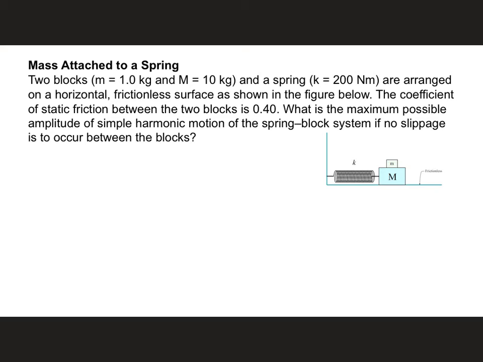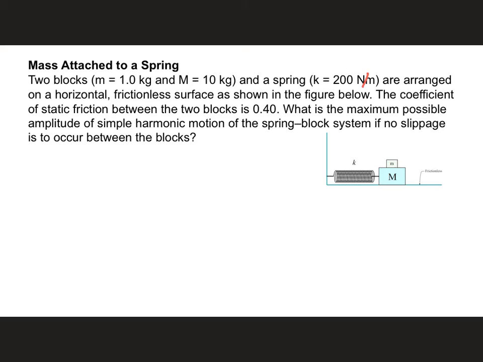All right. This one's a little more complicated. So 2 blocks, a little one and a big one. One's 10 times the other, and a spring. This should be newtons per meter. Typo there. Arranged on a horizontal, frictionless surface so that we don't have to mess with complicated things.